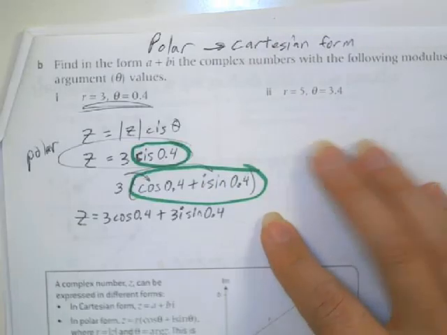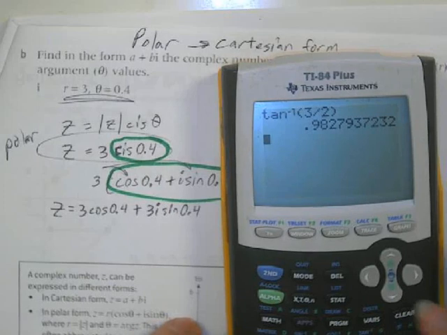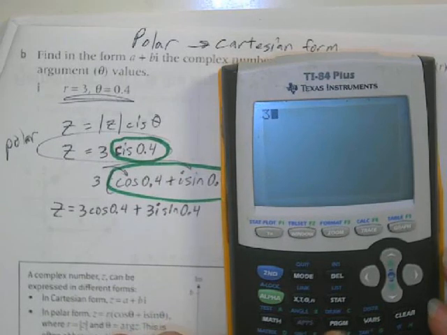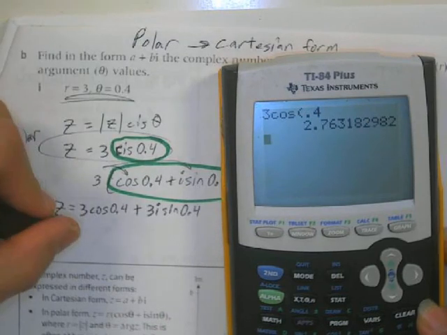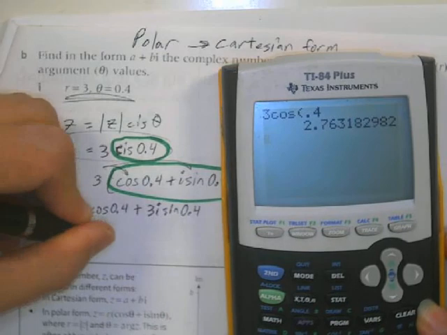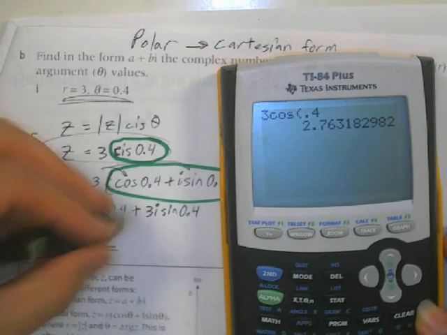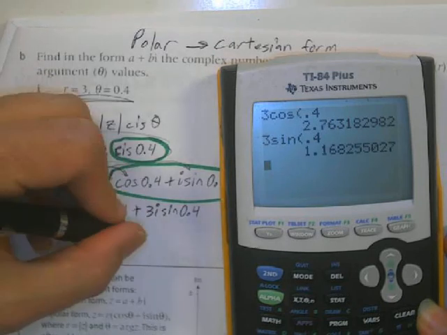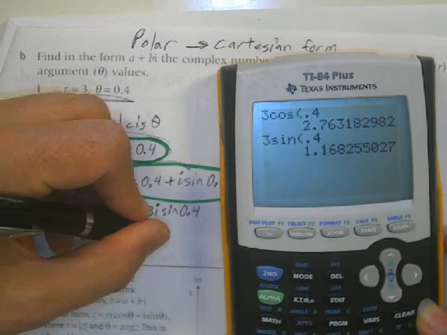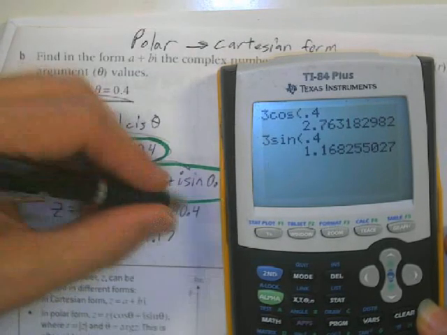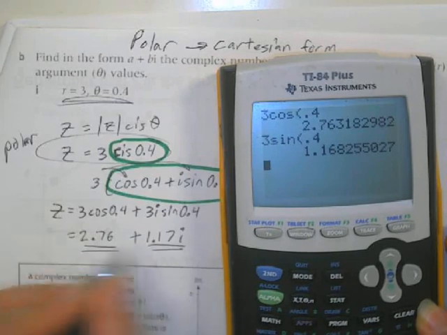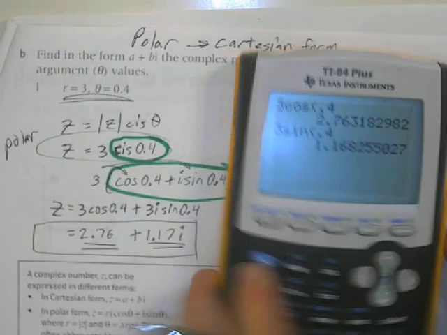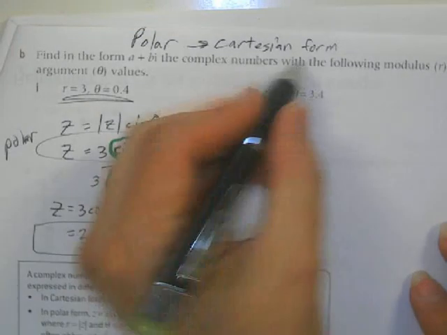Okay, so now I'm going to put that into my calculator. 3 cosine 0.4 equals 2.76, and 3 sine 0.4 is equal to 1.17, and don't forget the I. Okay, so now I have written this in Cartesian form, or they sometimes call that rectangular form.